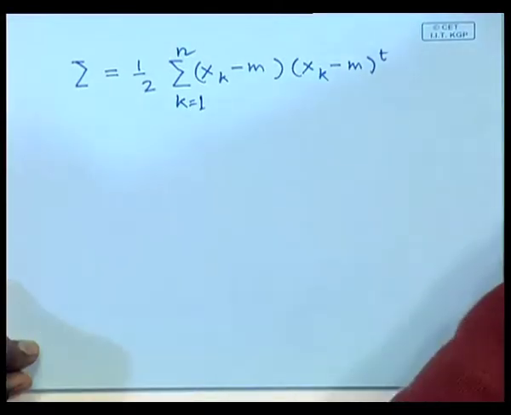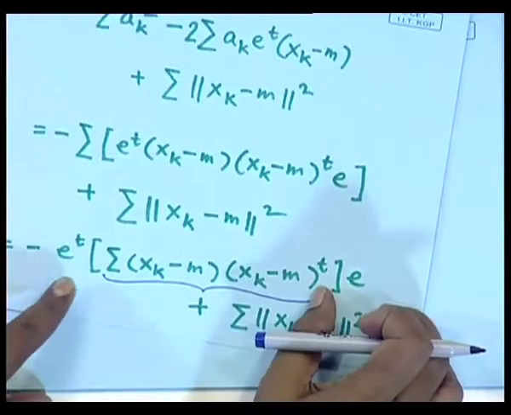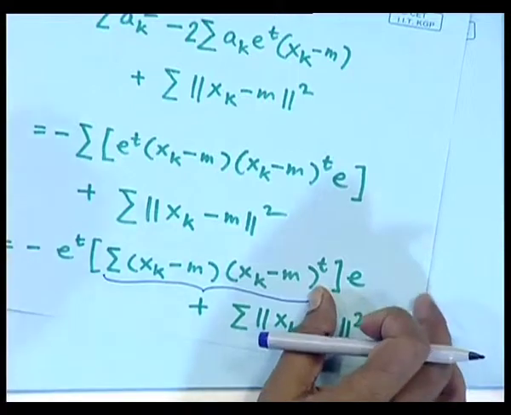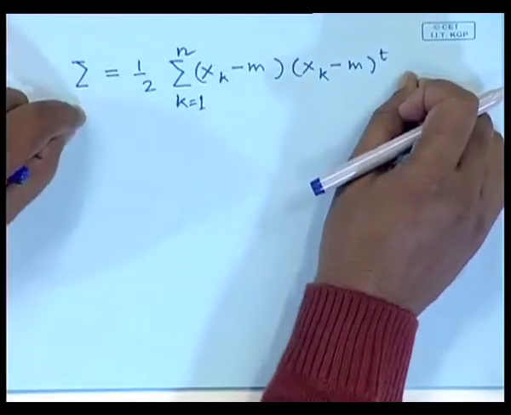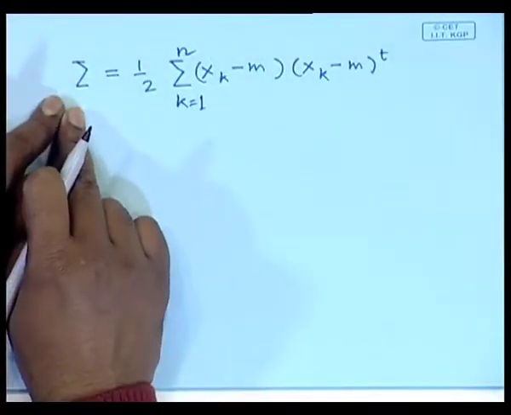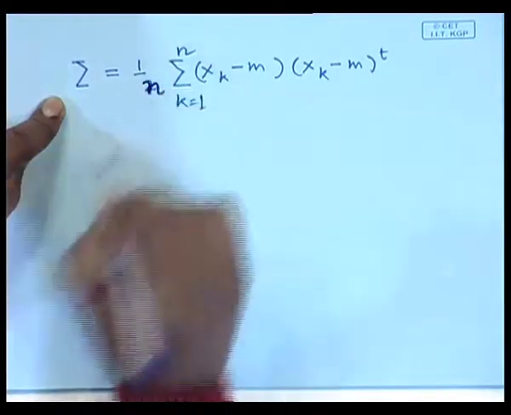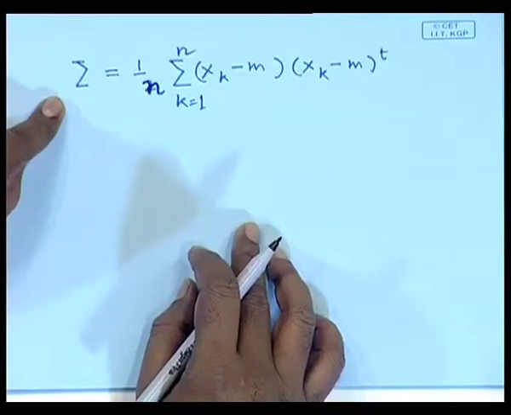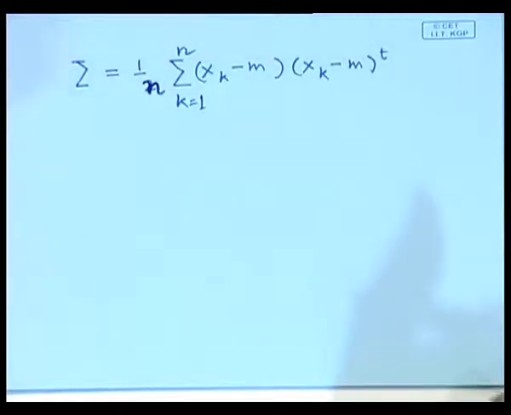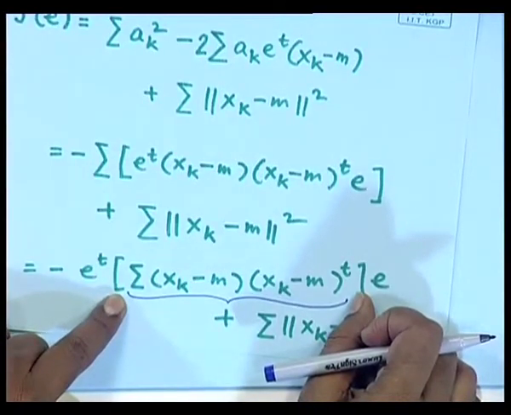Okay. And here you find that this term is nothing but a scaled version of this term. So, if I multiply this covariance matrix, this is 1 upon n, sorry. If I multiply the covariance matrix by n, which is the number of samples over which I am trying to compute the covariance matrix, I get this term. Okay. And this is what is called scatter matrix.